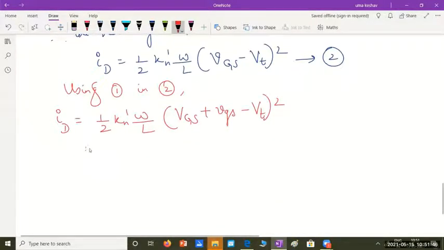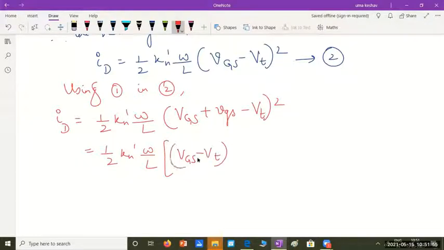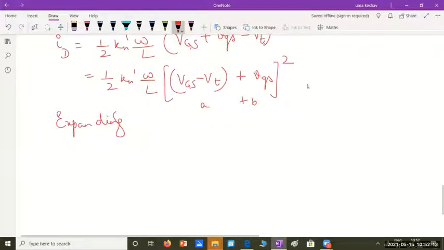Let me rearrange the DC terms together: VGS minus VT are both DC, plus vgs, the whole square. This is equation 3. Now I'll use the relation A plus B the whole square, expanding equation 3.